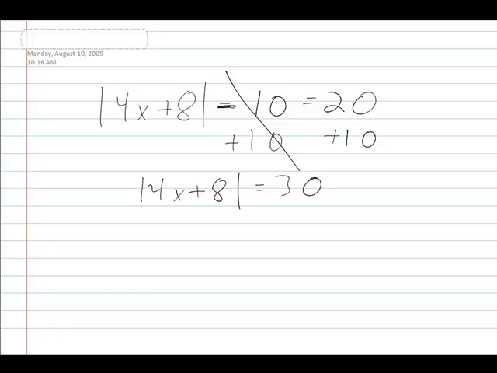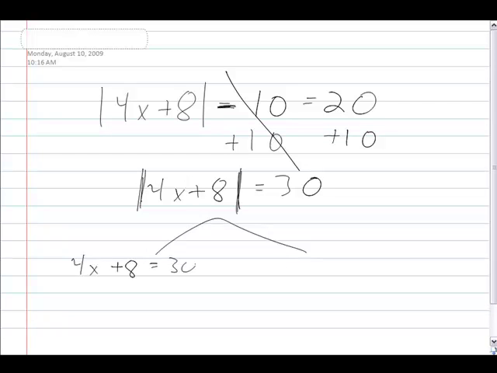And now we can split it up into two different equations because we have only the absolute value on one side. So this would be 4x plus 8 equals 30, and 4x plus 8 equals -30. And here we'll get 4x equals 22, and over here we'll get 4x equals -38.